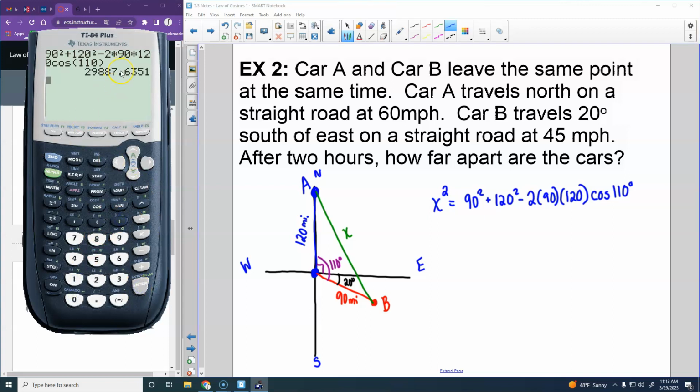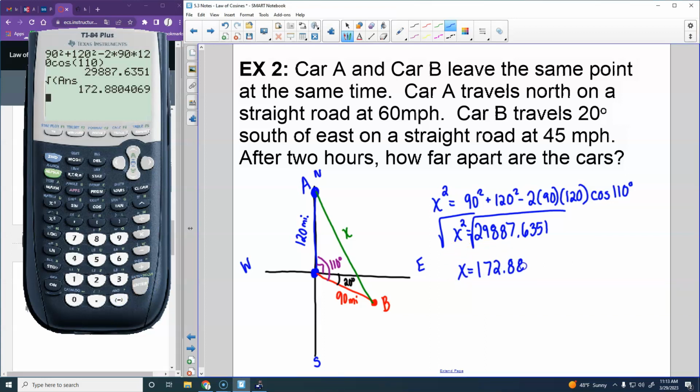So we get this big number. That is our x squared, 29,887.6351, but we've got to take the square root of that. So the square root of this answer is going to be 172.880 miles.